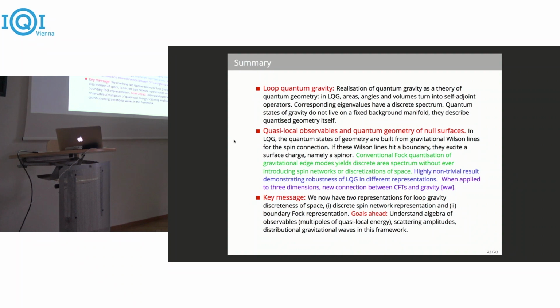Those large diffeomorphisms that transform the boundary, for instance, move it forward in time, are physical symmetries that are generated by observables, such as angular momentum, energy, center of mass, and so on. And then the question is how to quantize such observables.